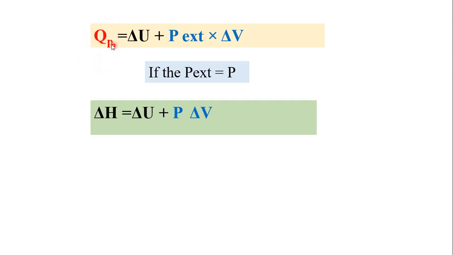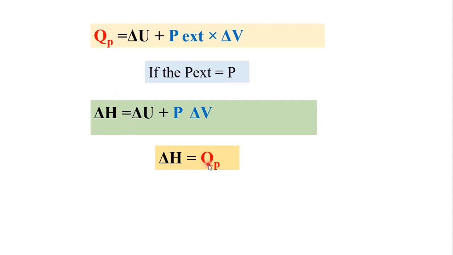Therefore, substituting the value of QP, delta H is equal to delta U plus P delta V. Instead of P external, here P is taken, because P external is equal to the pressure of the gas. The pressure outside and inside the system is the same. Now what does that mean here?